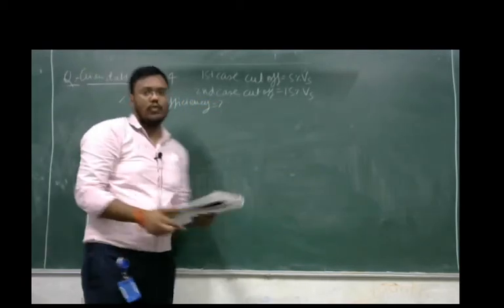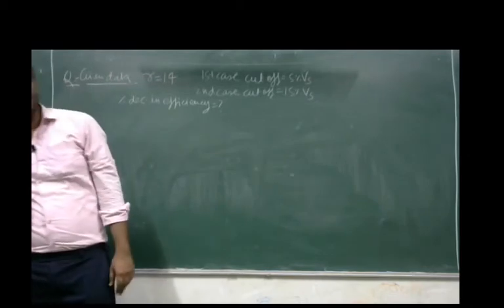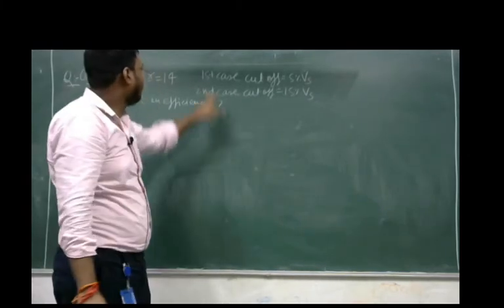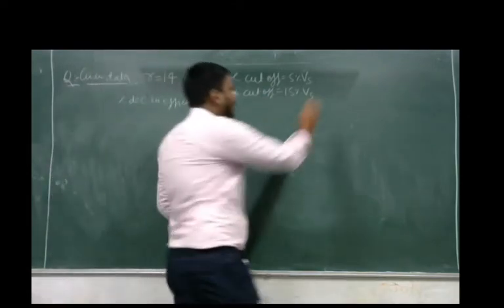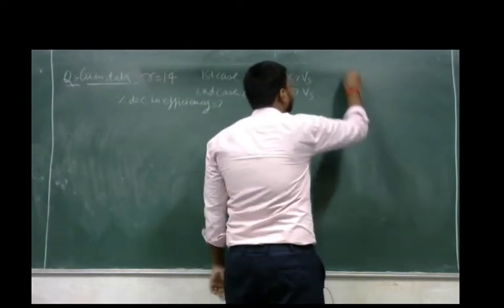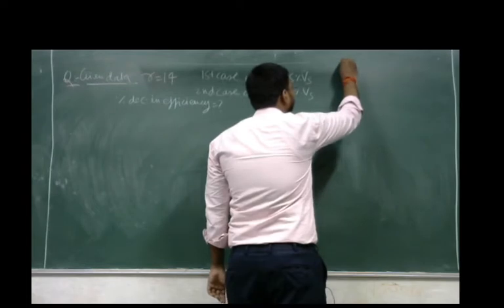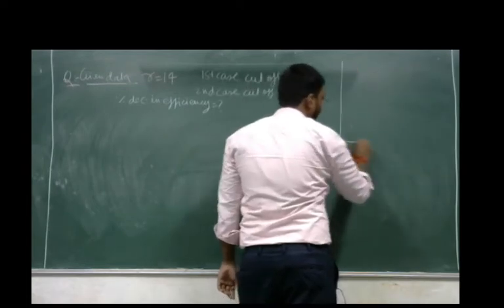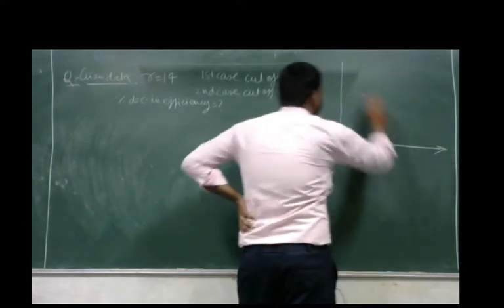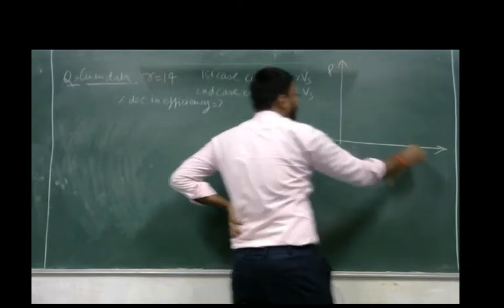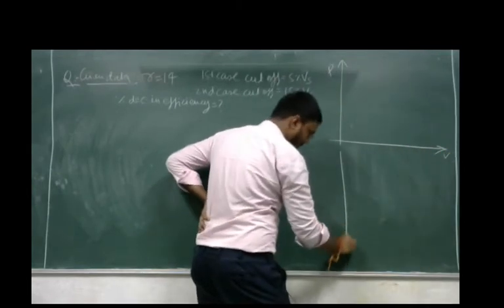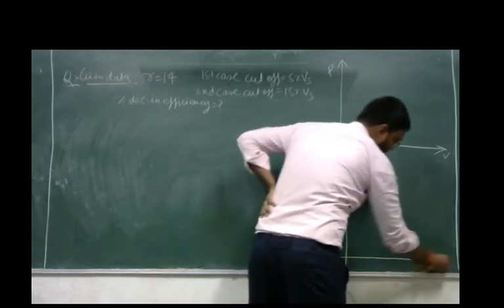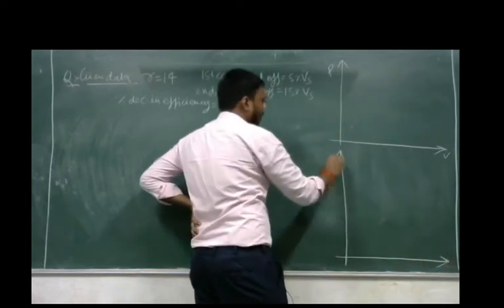So here we have to analyze both the cases one by one. First I am taking the first case, when cutoff occurs at 5% of the stroke. I am drawing the diagram for both the cases. This is the PV diagram for the first case, and this is the PV diagram for the second case.